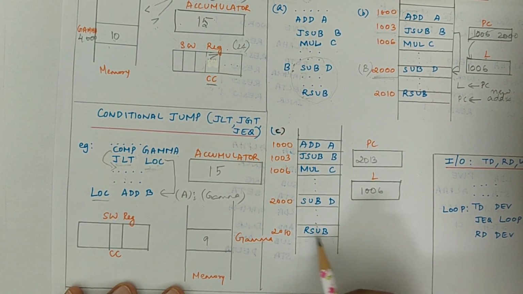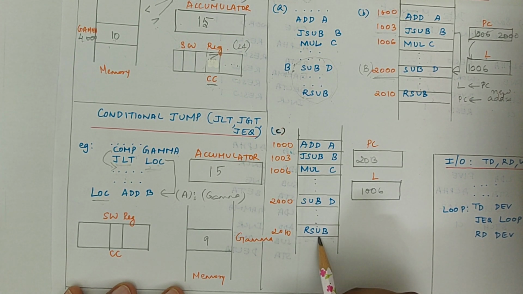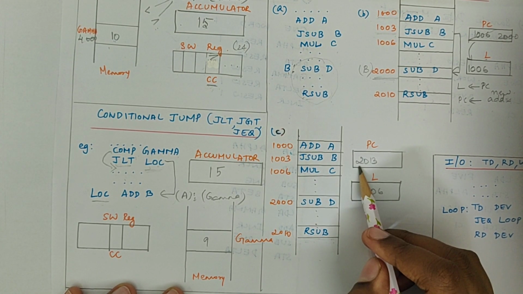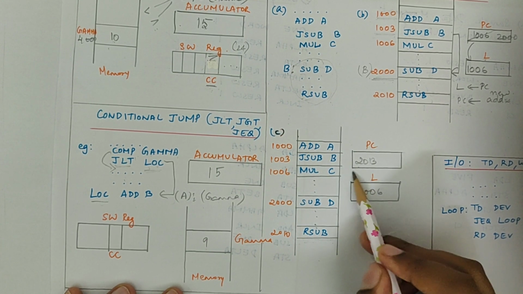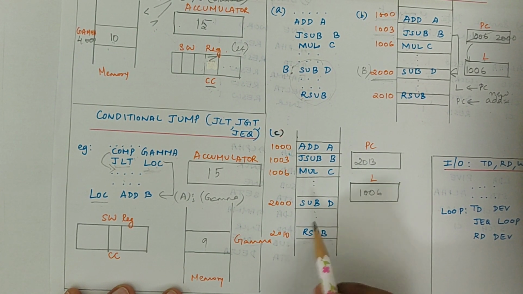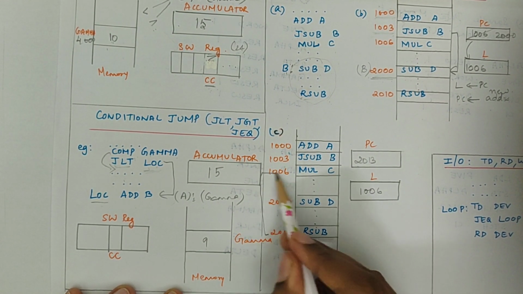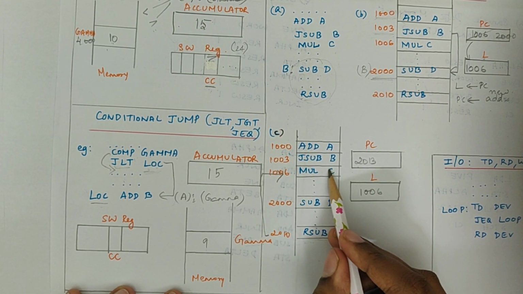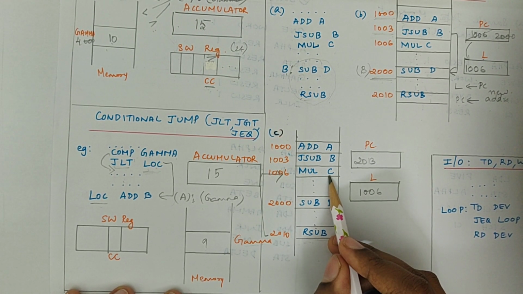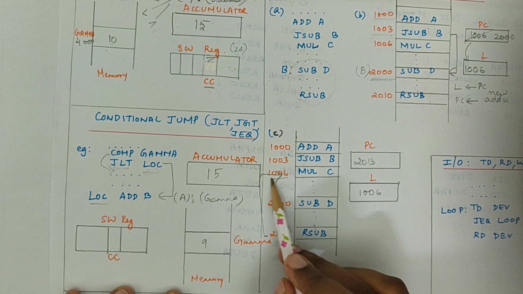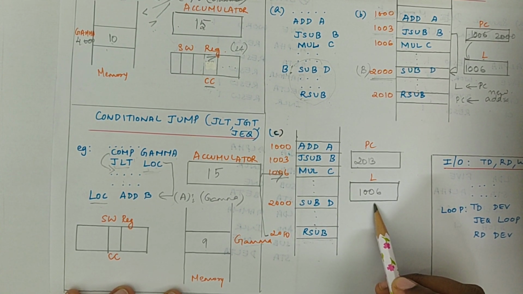So now after this instruction, return from subroutine, you have to update PC with the new address. So what should be the address in PC? The address of PC should be this multiply C instruction. So from where can you get that multiply C instruction? The address 1006 is there in the linkage register.